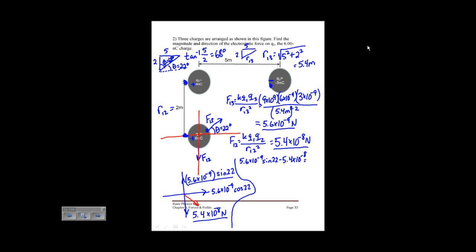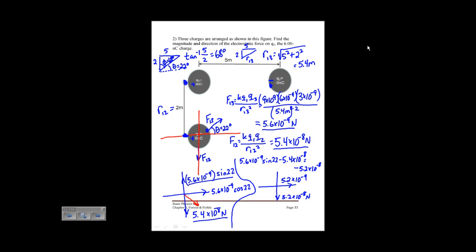That's going to equal negative 5.2 times 10 to the minus 8. So when I draw my new force vectors, I'm going to have one here, 5.2 times 10 to the minus 8 newtons, and it's in the negative direction. And then in the x direction, it is 5.6 times 10 to the minus 9 times the cosine of 22, which is 5.2 times 10 to the minus 9.